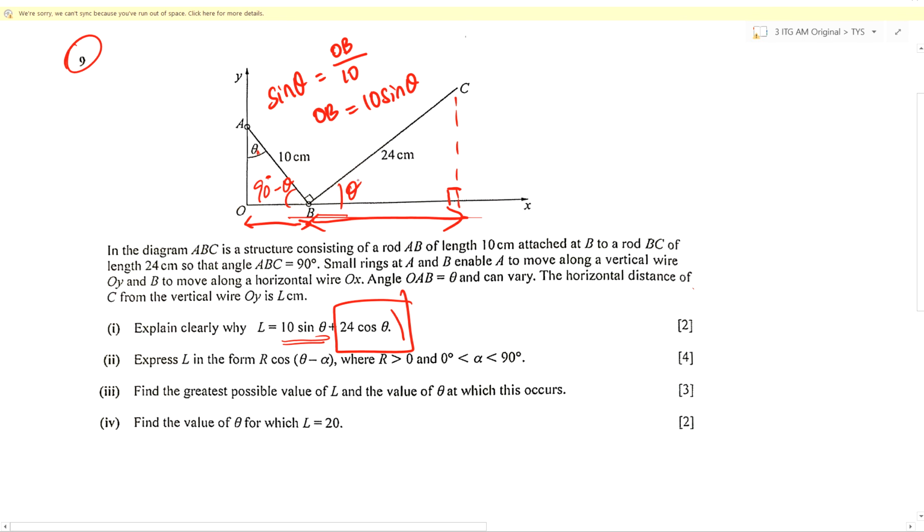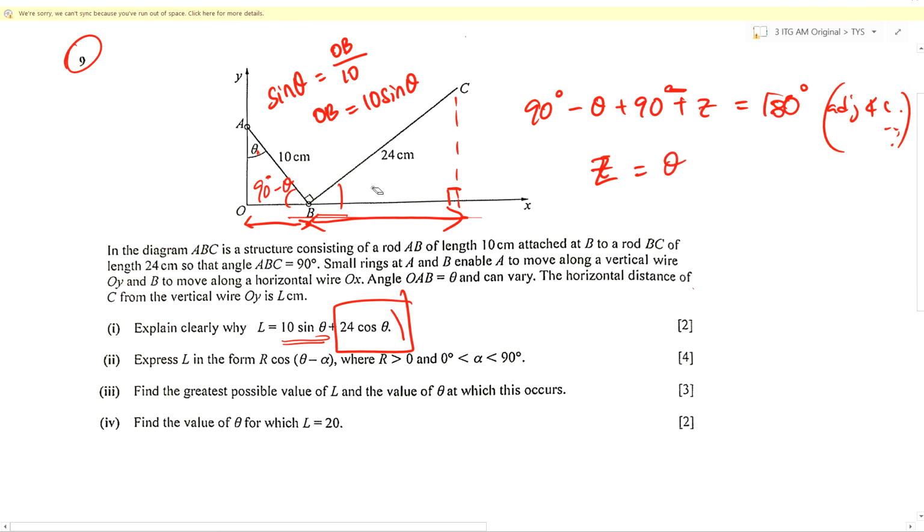So let's call this unknown z. So 90 degrees minus theta plus 90 degrees plus z must be equal to 180 degrees, adjacent angles on a straight line. So make z the subject. We have theta. Okay, so we have proven that this is the same angle theta.